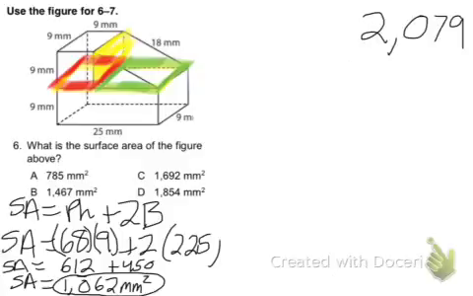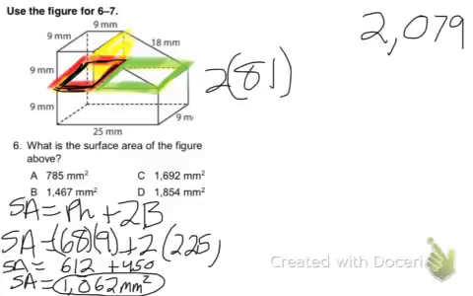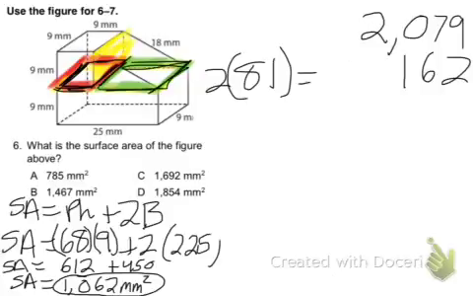Let's do those. Let's start with this bottom here. How far is this one touching? Well, that is 9 times 9, which is 81. And we lose that twice. That is 162. So we're going to subtract that. Now this one. What is this area? Well, this is 16 times 9, and we're going to lose that twice.